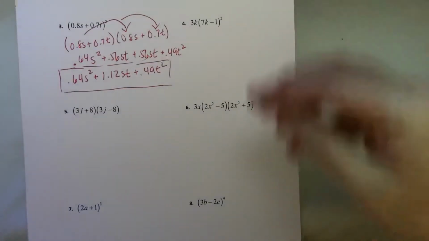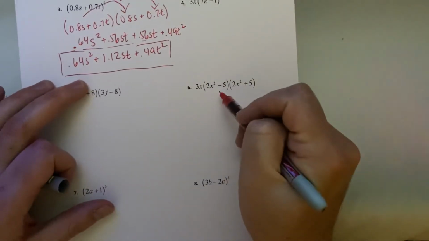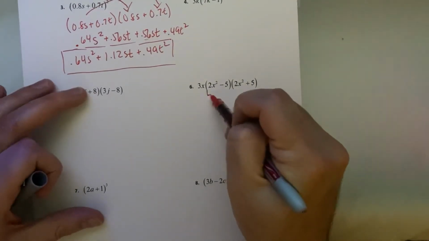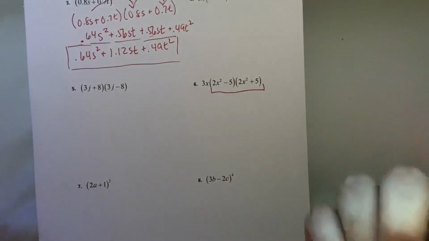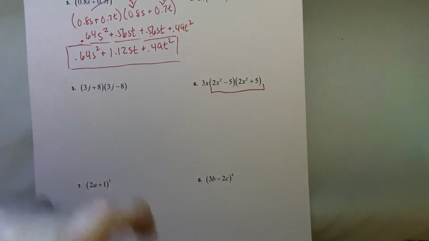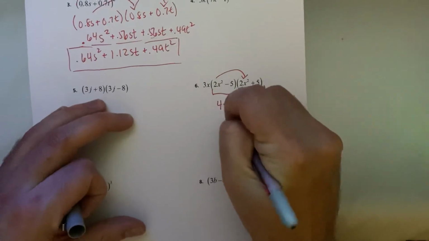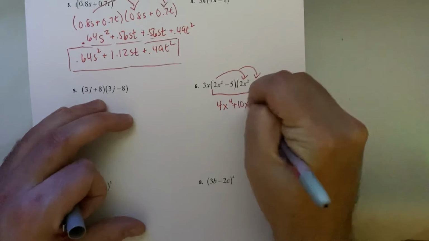Now we can get into compound problems, which are multiplying lots of things together. 5 is another conjugate, so we'll skip it. We'll do number 6. 3x times 2x squared minus 5 times 2x squared plus 5. My suggestion is if you ever see a conjugate, probably multiply those two together first, because we know the middle term will cancel out and it will give us less to work against. So 2x squared times 2x squared is 4x to the 4th. 2x squared times 5 is plus 10x squared.